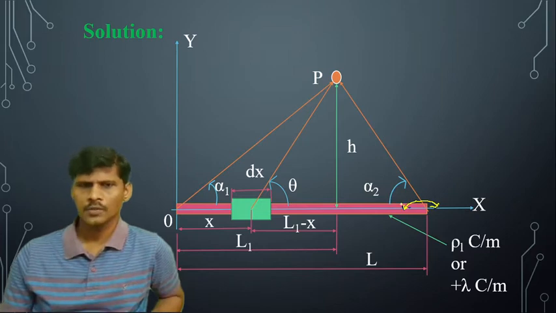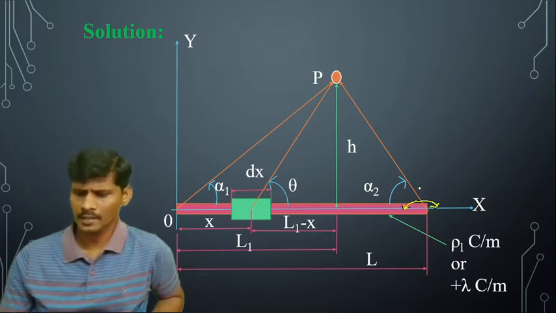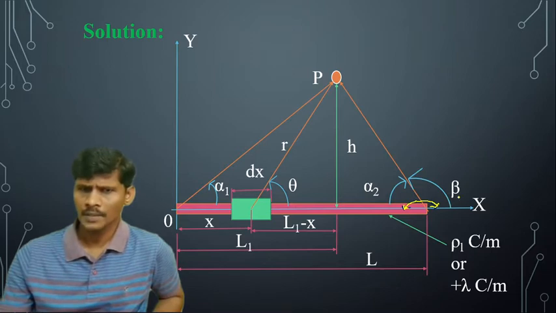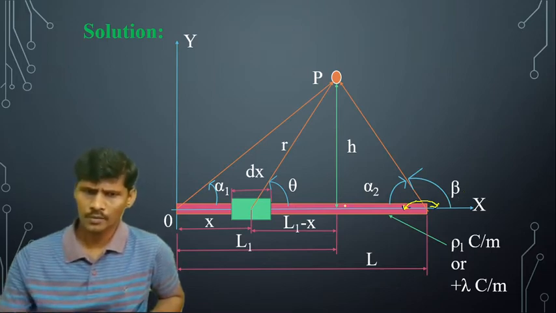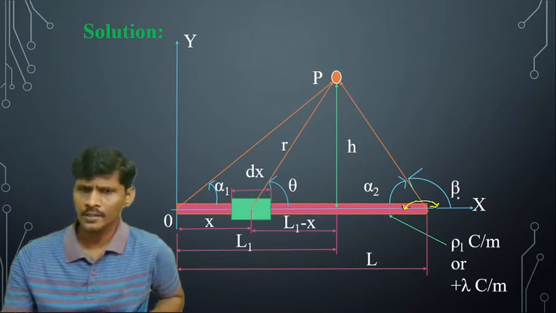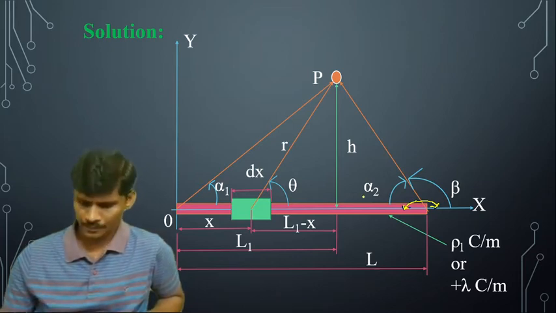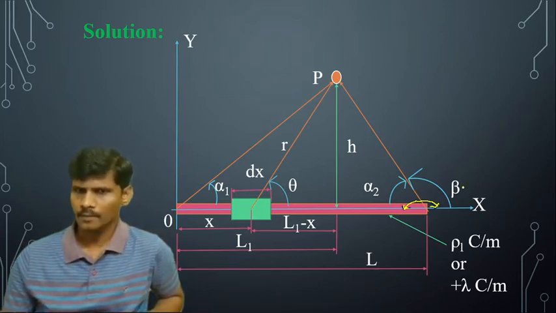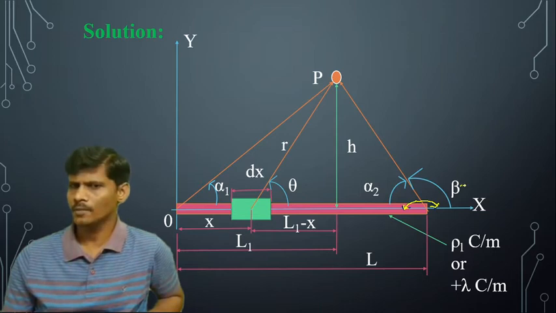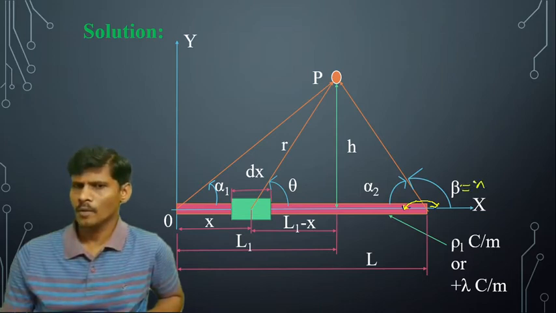So this angle is alpha 2, and what is this angle? This is beta. Beta is equal to 180 minus alpha 2. This angle is alpha 2, the total angle is 180 degrees, and this angle is beta, where beta is equal to 180 minus alpha 2.